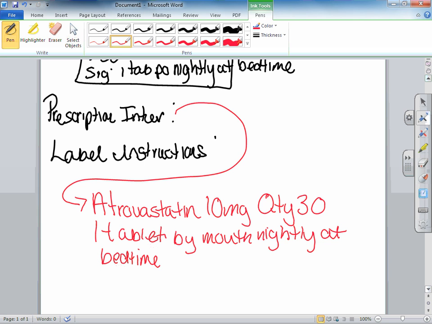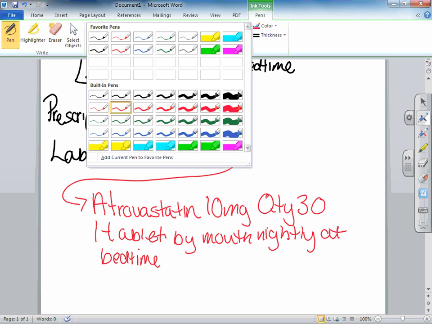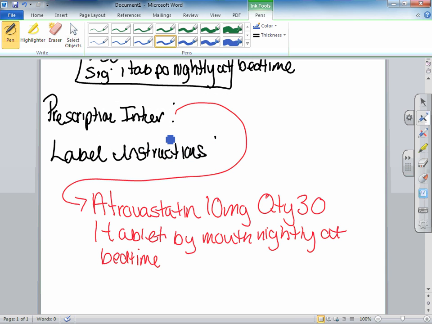All right, that is what your prescription interpretation should read. I interpret this prescription to say Astrovastin, 10 milligrams, quantity 30, 1 tablet by mouth nightly at bedtime.